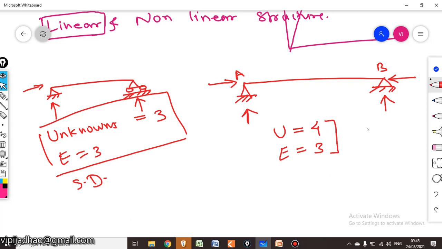The unknowns are one more compared with the equations of equilibrium, and hence this system is called a statically indeterminate system.